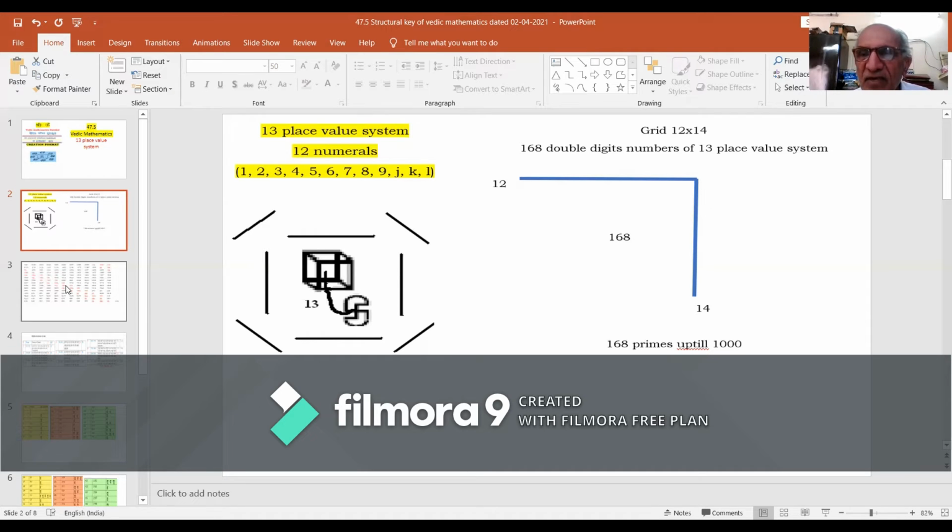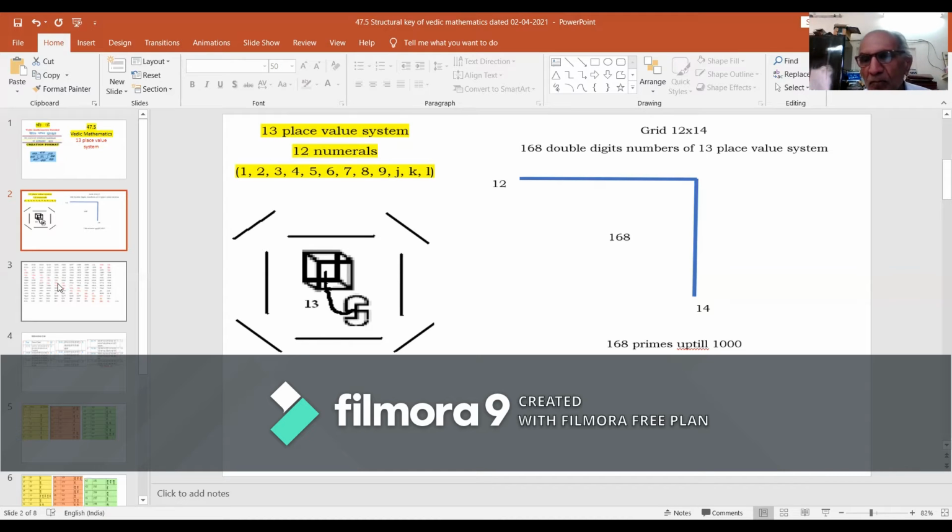Here itself it will be blissful to glimpse that the Vedic systems are organizing themselves so that they can have a chase in terms of 168 primes as double-digit numbers of the 13 place value system.